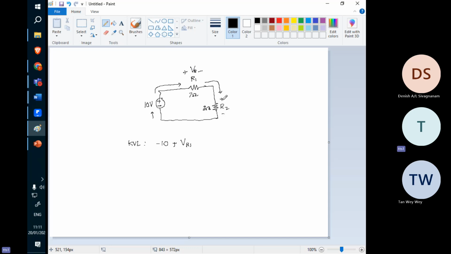But the positive value is what we gave to this element right now. Okay, based on experience, usually the positive is here. So plus VR2. VR2 is the voltage across this resistor. So based on the KVL, the total should be 0.